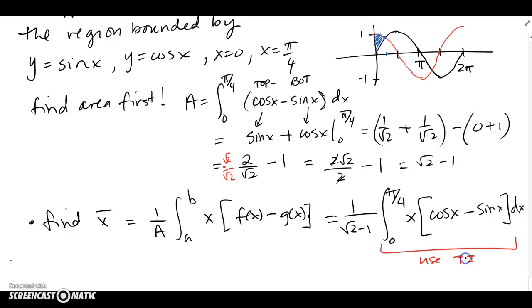If it didn't say approximate, I would have to do a by parts problem. Remember, x cosine x minus x sine x, you could split that up into two integrals. Let u be x, your dv be cosine x, and then do uv minus the integral of v du. So if it said find exactly, I would have to do by parts, but since it's saying approximate, I'm going to use my TI.